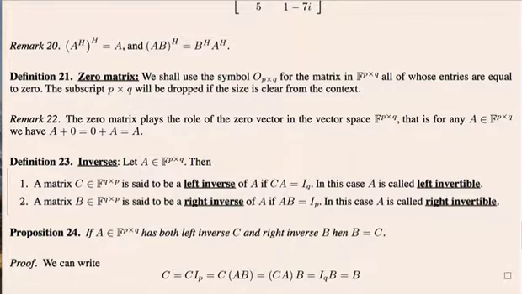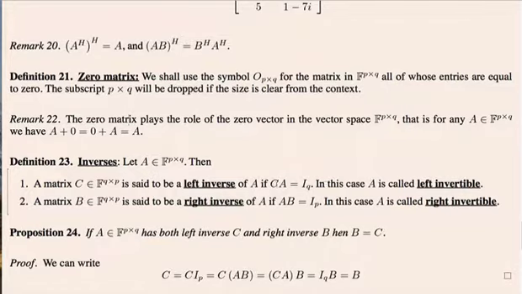If we multiply C with A, for this to give the identity matrix, the second dimension of C must match the first dimension of A. And we need the result to be a square matrix, a Q by Q matrix, so the first dimension of C must be Q.